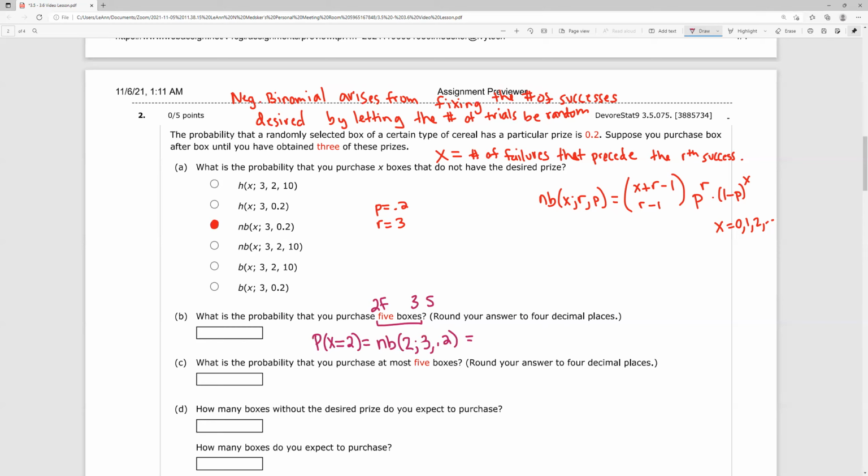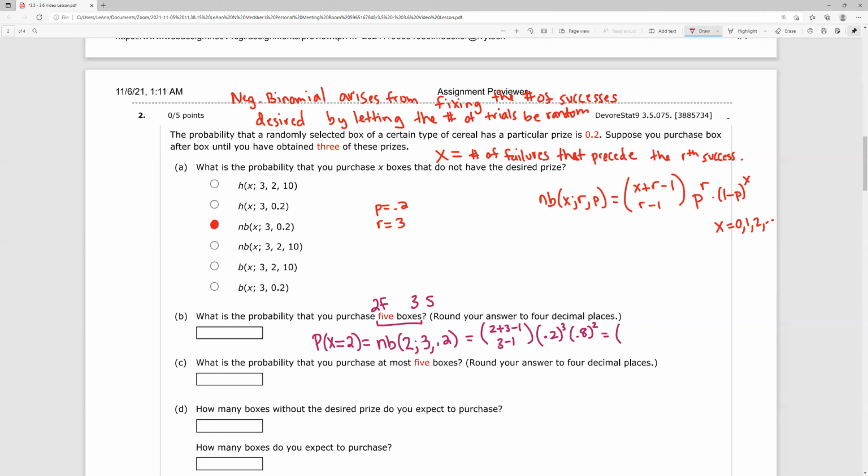So I'm going to write out my formula. It would be 2 plus 3 minus 1, choose 3 minus 1, times probability of success, and the number of successes is your exponent. Probability of failure would be 0.8 then, and that is going to be raised to the number of failed boxes we got. So that's the 2.